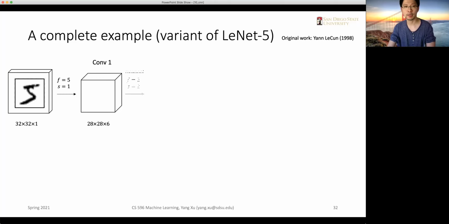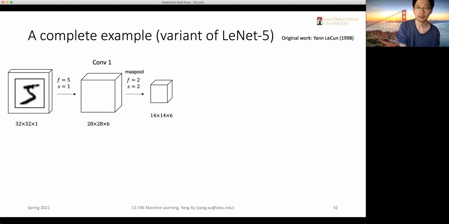Correspondingly we have Pool1. This first pooling layer is a 2 by 2 filter with stride 2, which reduces the height and width to half.